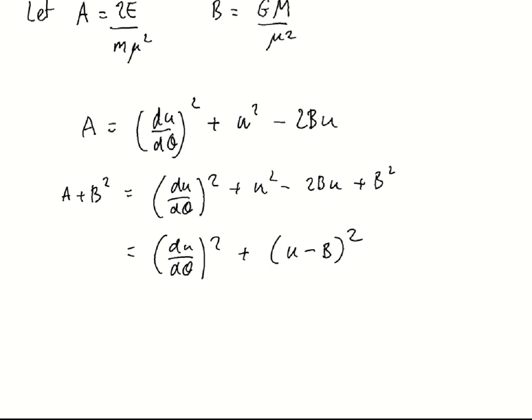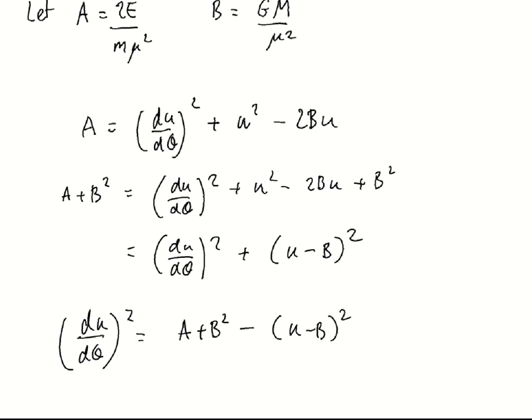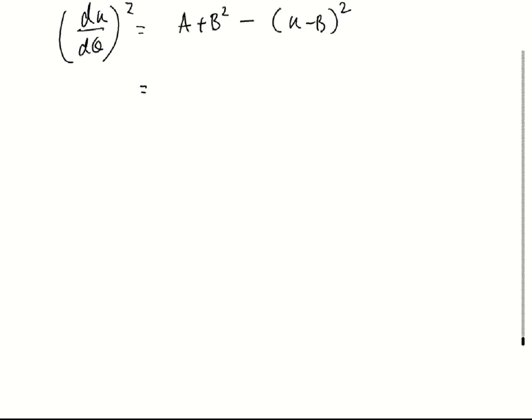So we now know that du by d theta squared is equal to a plus b squared minus u minus b squared. What I'm now going to do might be counterintuitive, but I want you to see something.